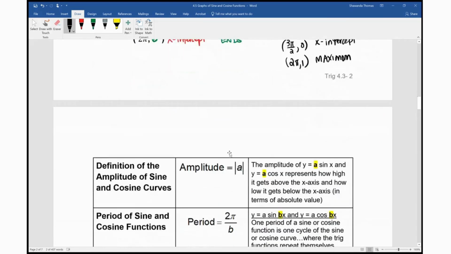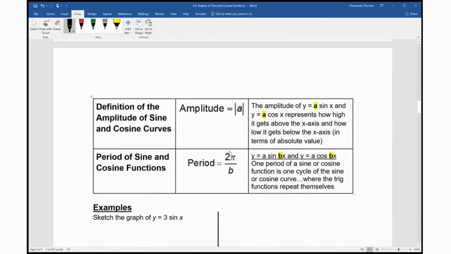All right, let's talk about something called amplitude. Definition of the amplitude of sine and cosine curves. The formula is the absolute value of A. They're talking about if you have a function that looks like this, the A is the number in the very front of sine or cosine.